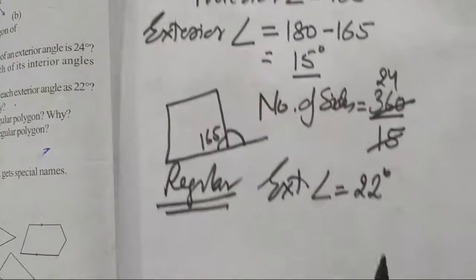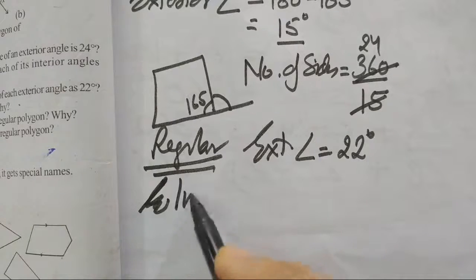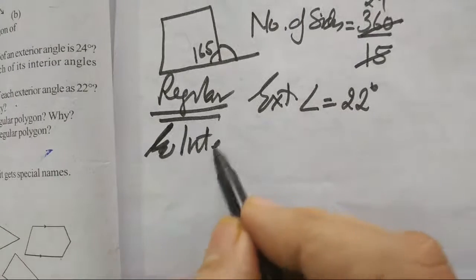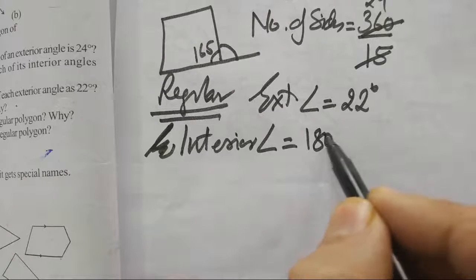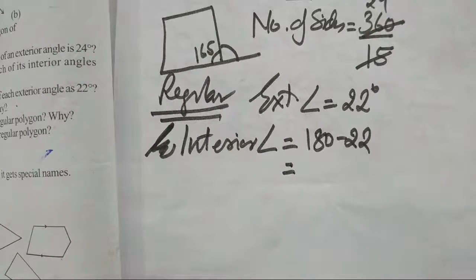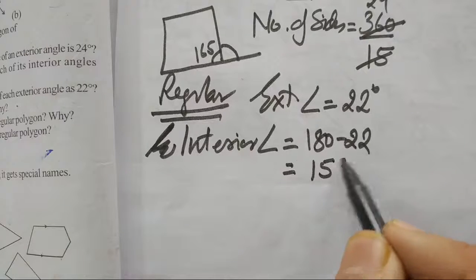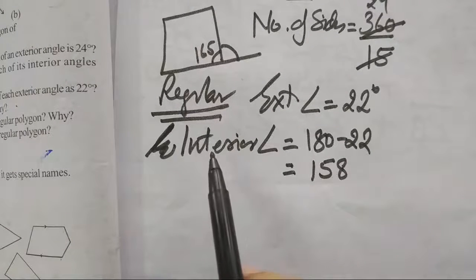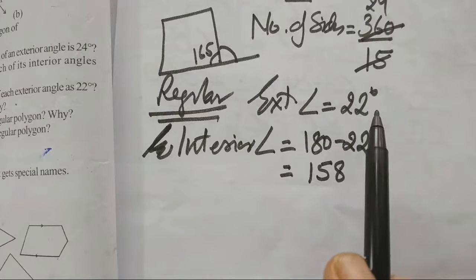But now we are checking what the interior angle will be. Interior angle will be 180 minus 22. What does this give you? 158.